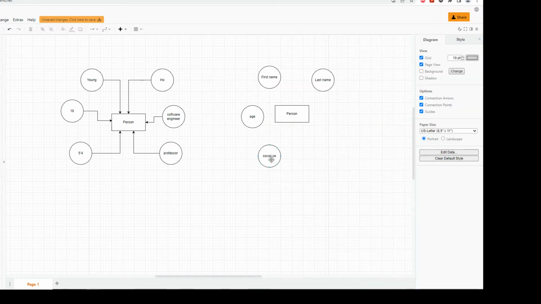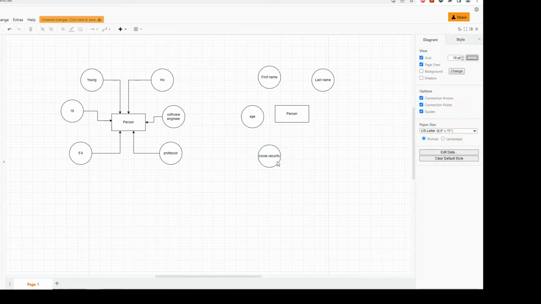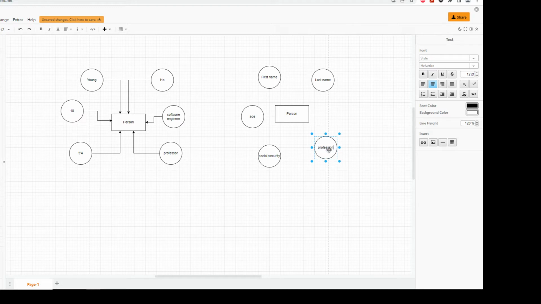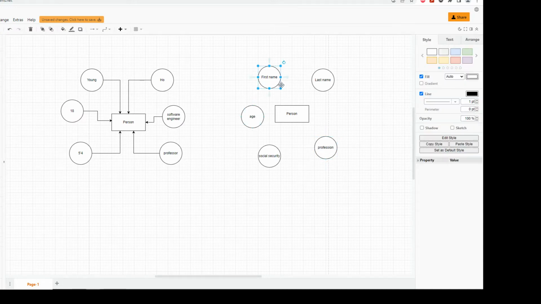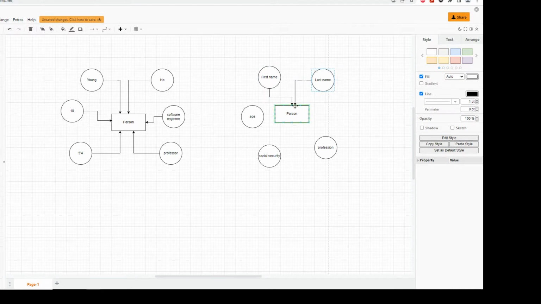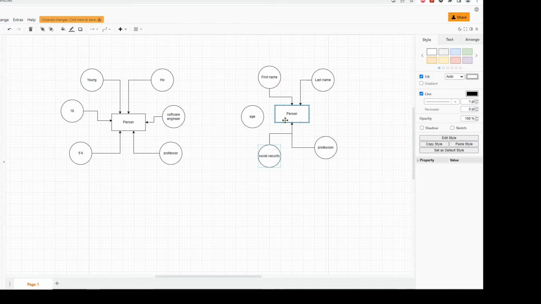I pressed the wrong one, my bad. Social security number. You have job or profession or jobs, right? So all these are attributes that describe this person, right? So among the attributes, there is something known as strong attribute and weak attribute.